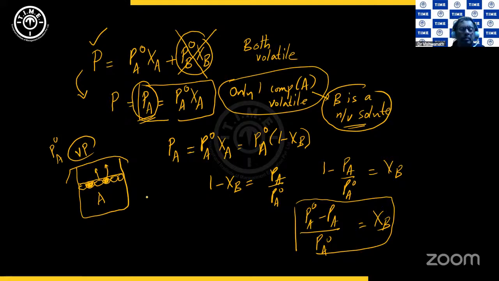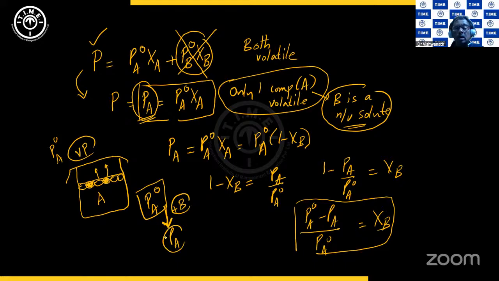So the PA naught will come down to PA because you have added B. B is also forming part of the surface, and the molecules from the surface going into the vapor have become less. Therefore, whenever you add a non-volatile solute, the PA naught is decreased to PA.